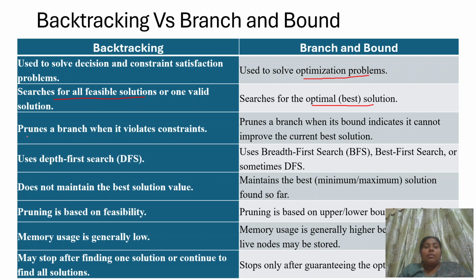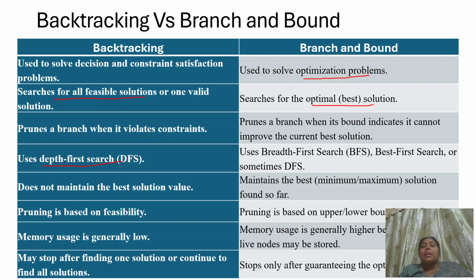In backtracking, it prunes a branch when it violates a constraint. In branch and bound, we prune a branch using a bound function, only for getting the best solution. In backtracking we use depth first search, that is DFS.